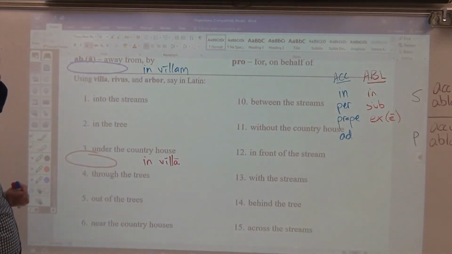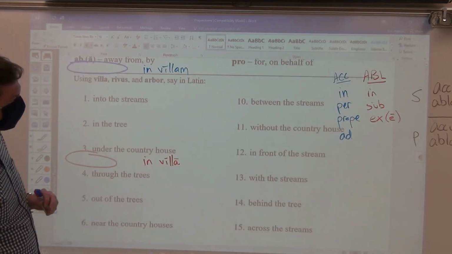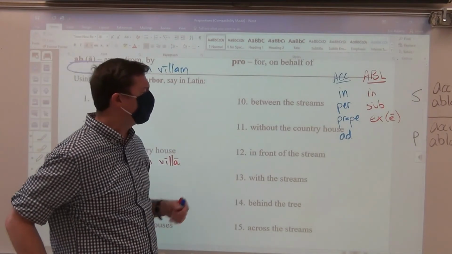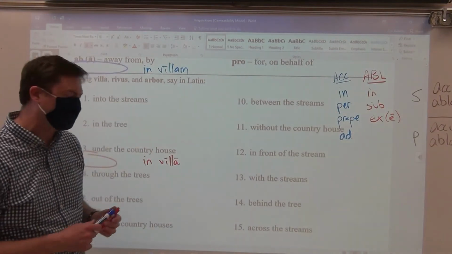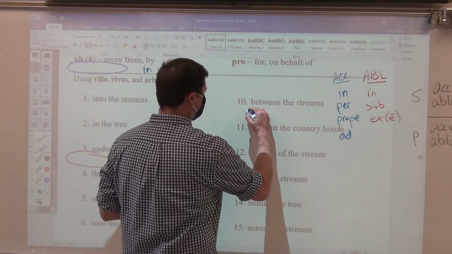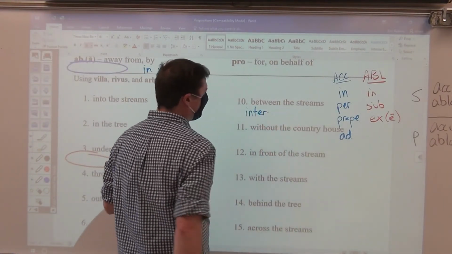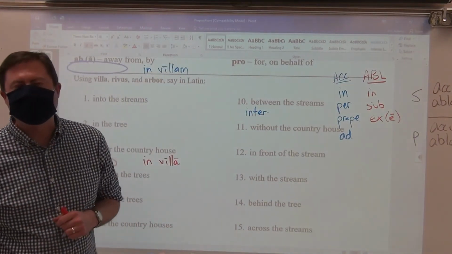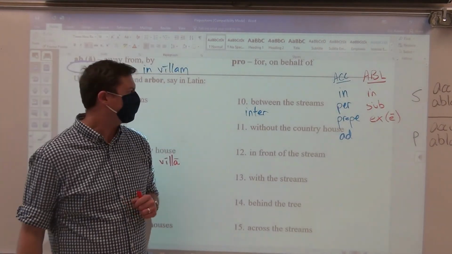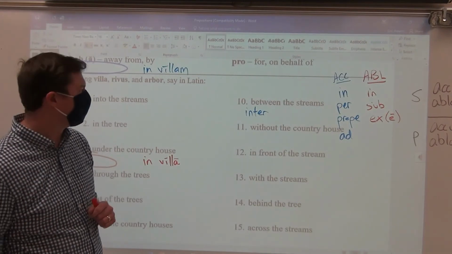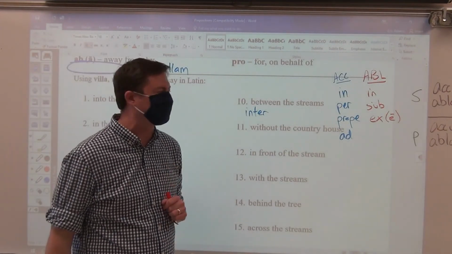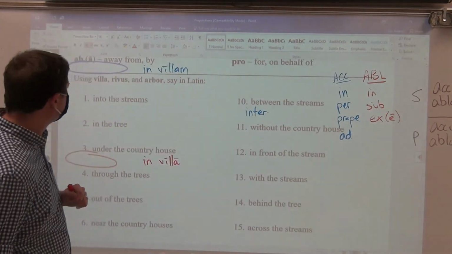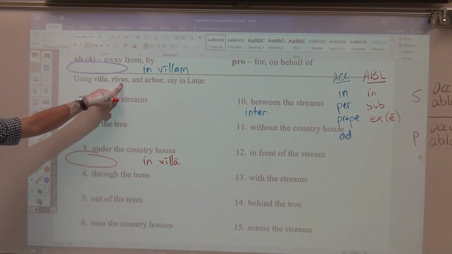So to just do one of them randomly, let's go with between the streams. First and foremost, I got to know what the word between is. And that is the word inter. Then I have to know what inter requires its objects to be in. I wrote it in blue. It is required to have its objects in the accusative. Then I go to the word for stream, which is rivus.